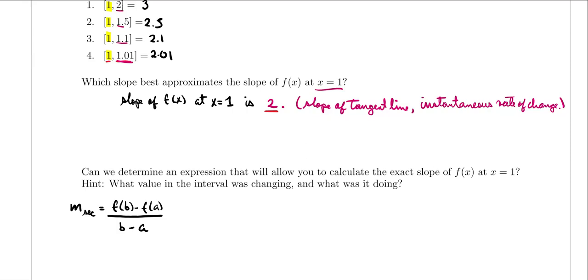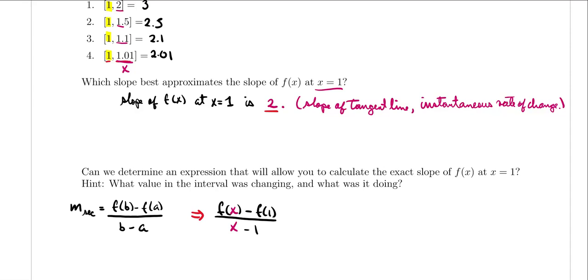Because this was the value that was changing, it was variable, I'll call it x. So what we were doing here with the equation for the slope of the secant was this evaluation: f(x) minus f(1) all over x minus 1.